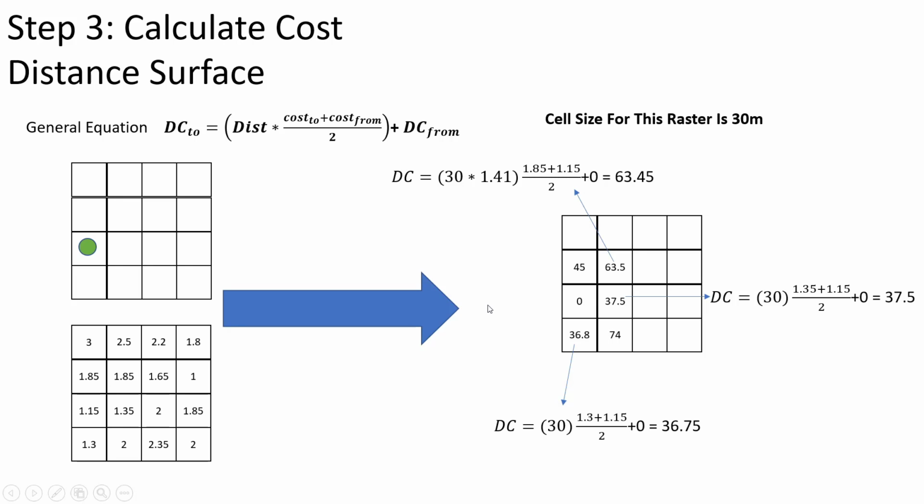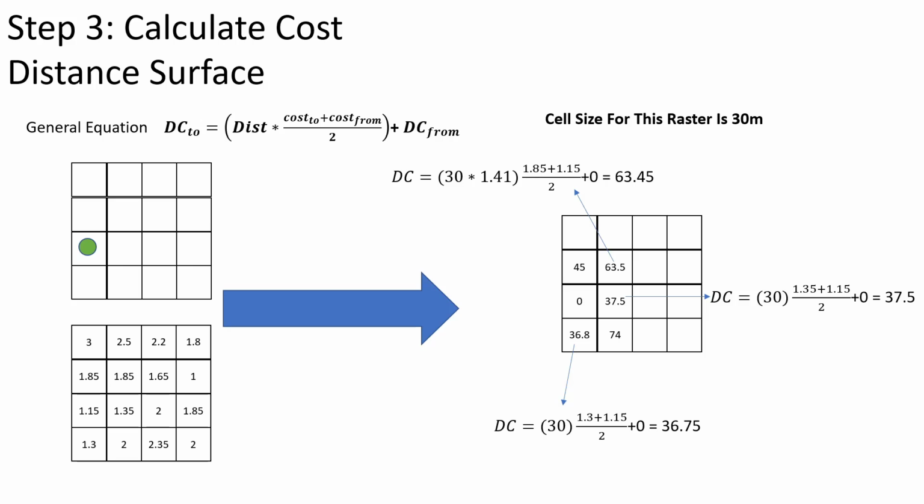And I want to look at 3 examples: one going horizontally, one going vertically, and one going diagonally, just so that we can verify that we understand where all these pieces are coming from. And keep in mind, the cell size, we're going to call 30 meters.